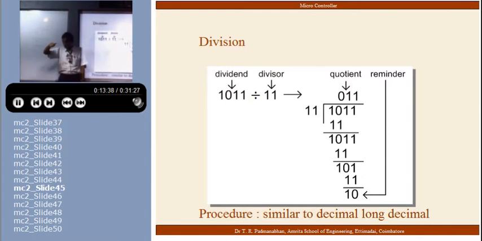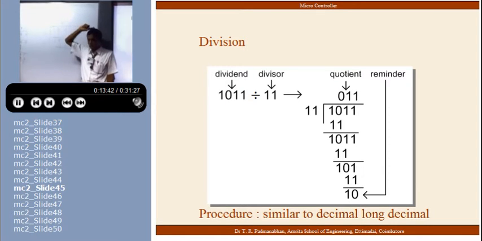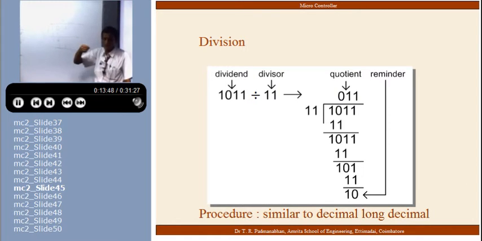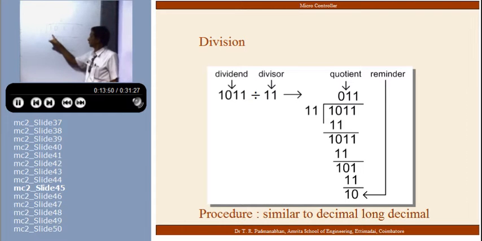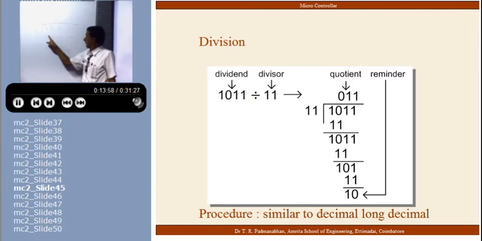See, when you do division, you will not put it like this because you know what you are doing, so you won't directly put it here. I'll just put it, just to get a feel of the procedure. I put 1, 1. I know this number is larger than this. I cannot do the subtraction. I put a 0 here. I bring it here. So the same number I reproduced, I brought it here.